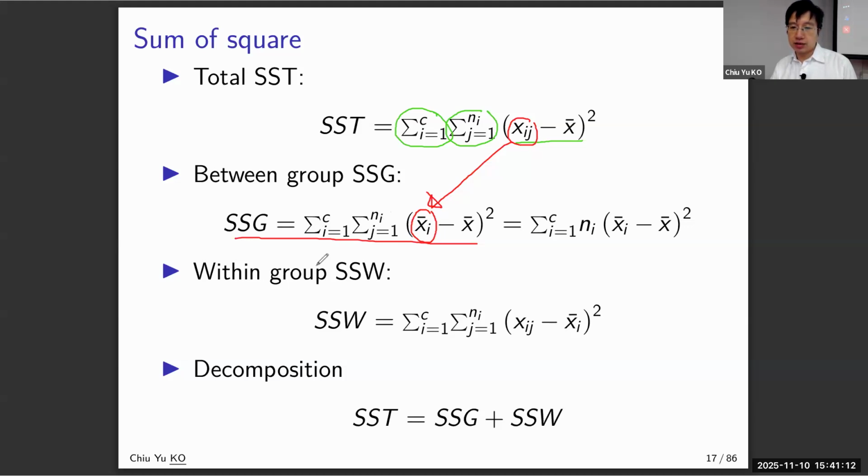That is SSG. The other way around is to replace the grand mean by its group mean. So there are 2 ways to measure variation.